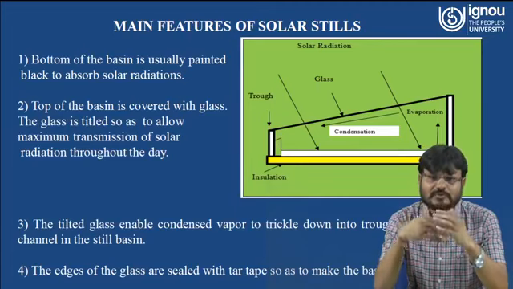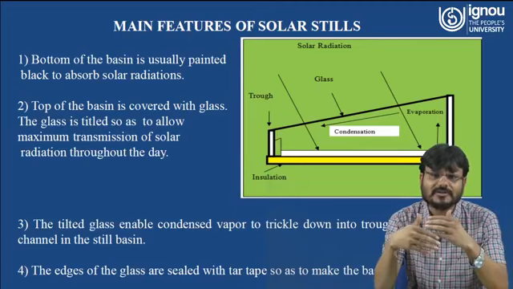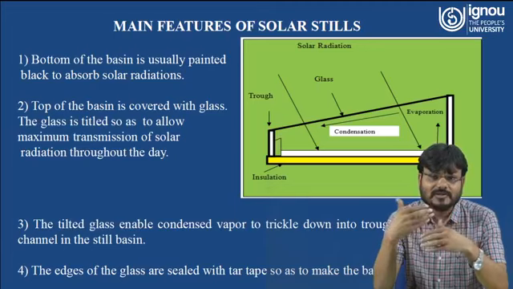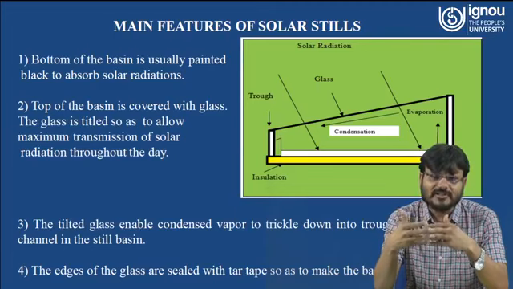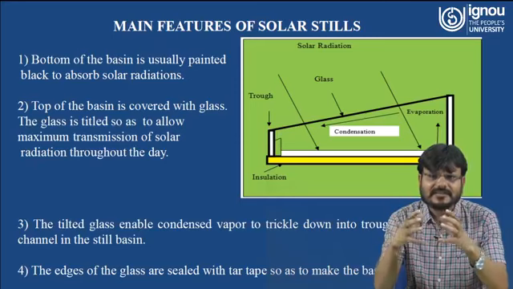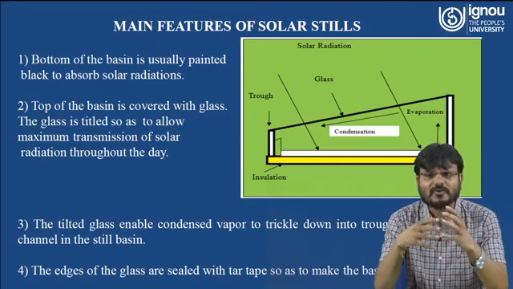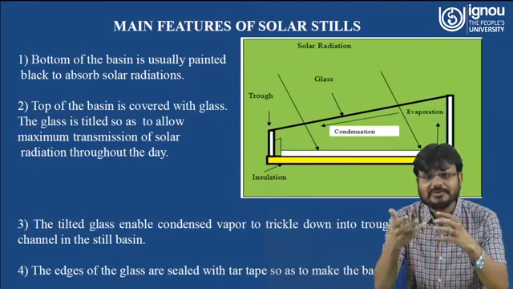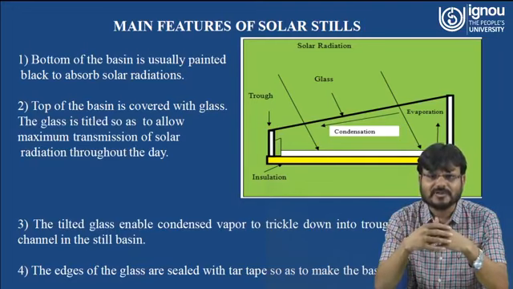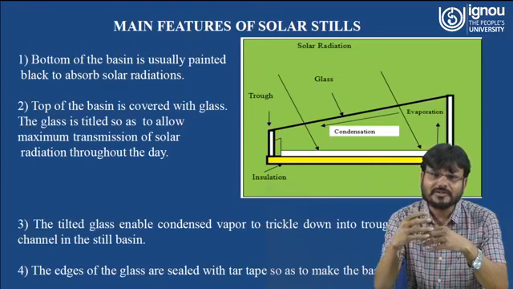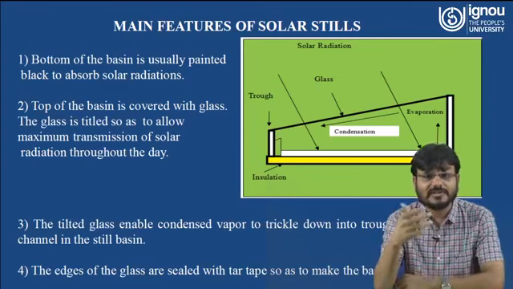That means to get more distilled water from this solar still, you have to increase the difference in temperature. And how can the difference in temperature be increased? Either you increase the temperature of the evaporated water, or you reduce the temperature of the glass cover. We will discuss later how it can be done.